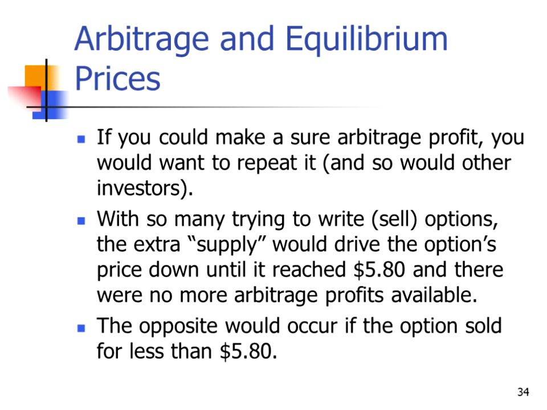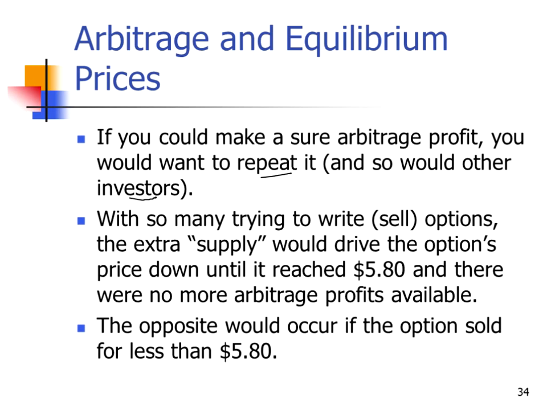Arbitrage and equilibrium price: if you could make a sure arbitrage profit, you would want to repeat it, and so would other investors. That's the reason why you'd find very few opportunities for arbitrage, because you're not the only smart person there. There'll be other people also looking for it. And if you do it, the other person will be very suspicious. Hey, why is he writing so many call options? Let me calculate and see.